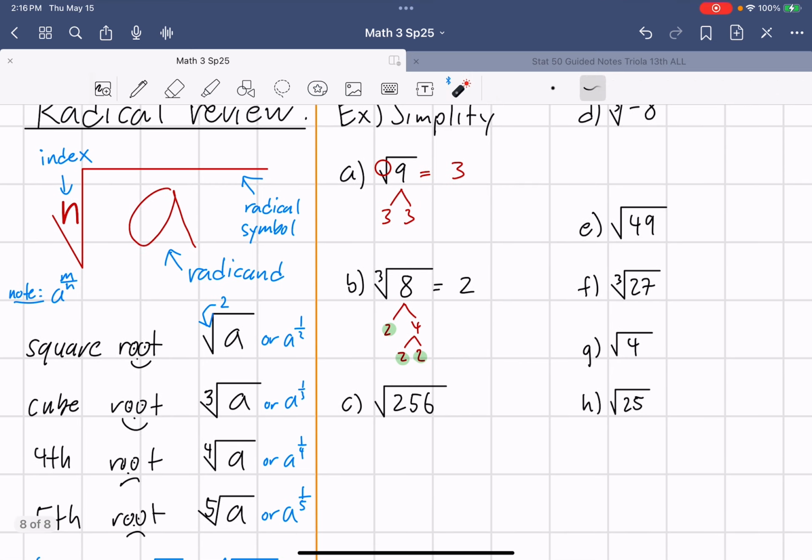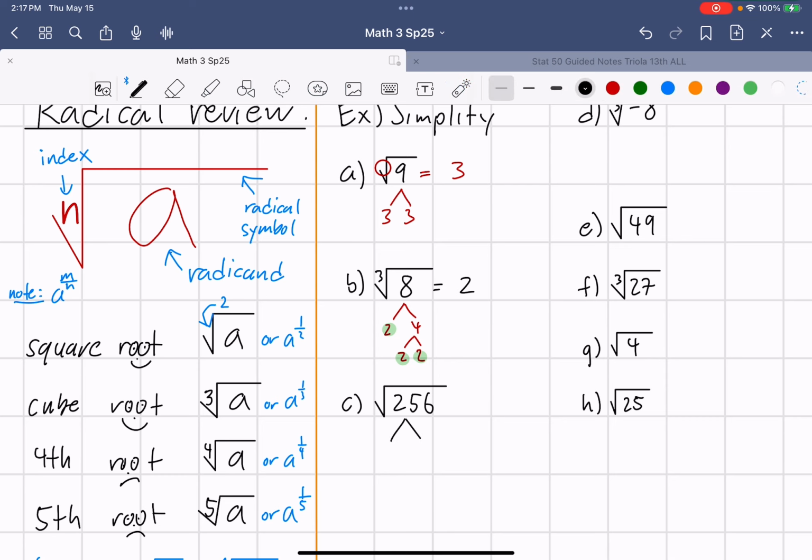And of course, some of these smaller ones you probably remember off the top of your head, but this factor tree becomes really useful when you start dealing with really large numbers. Like maybe we don't know the two numbers that multiply to 256. But we can use our factor tree to start breaking it down.